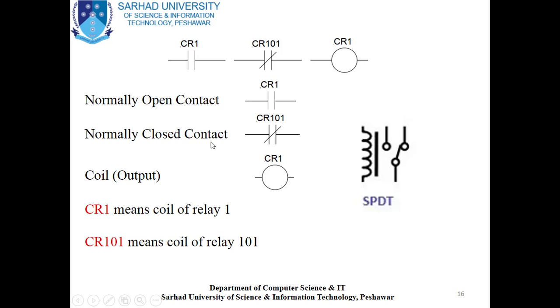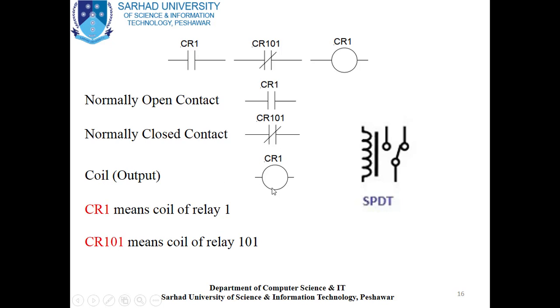Normally closed contact. Here you can see a bar on the normally open contact. So this becomes a normally closed contact, which is represented by CR101. The third one is CR1, which is called coil or output.